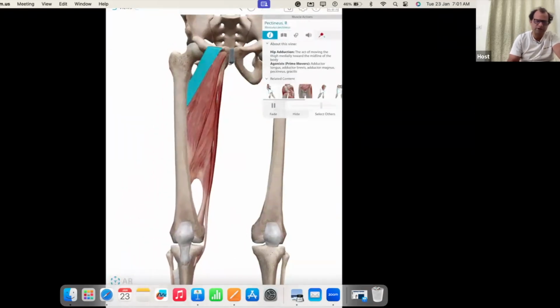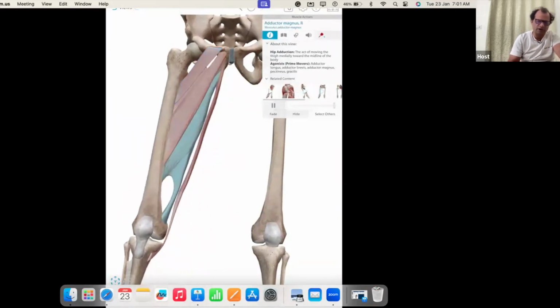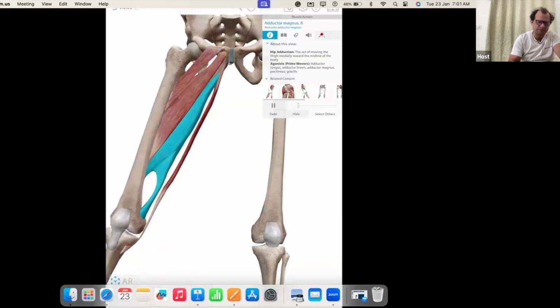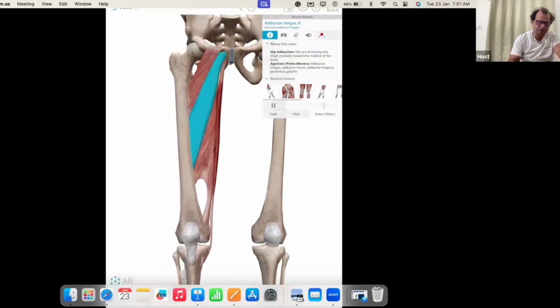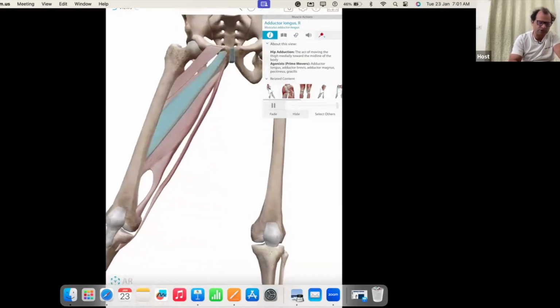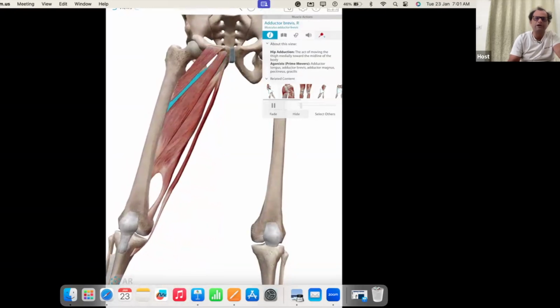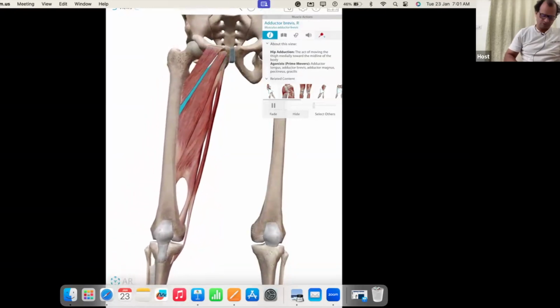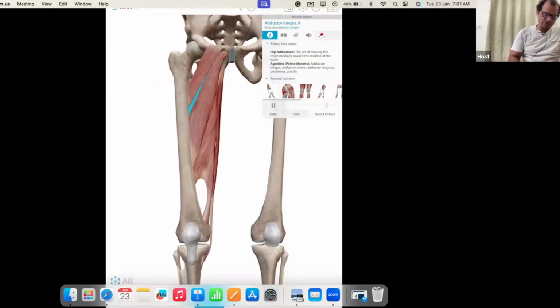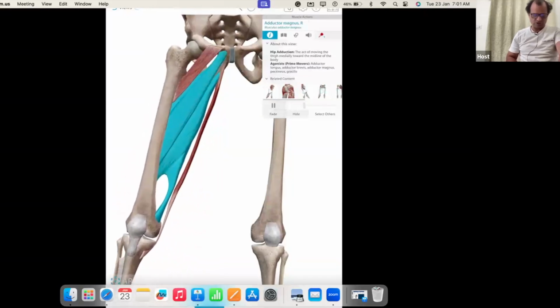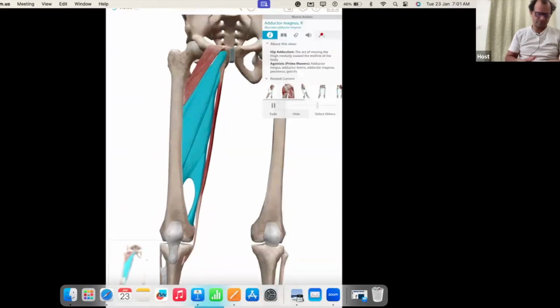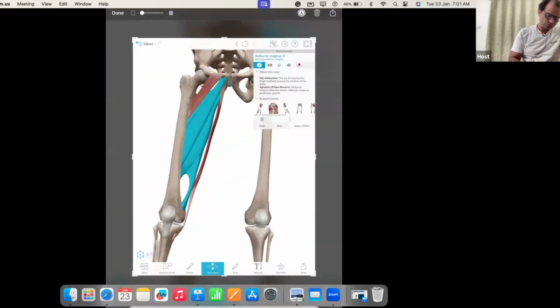We can see here these are adductor magnus, adductor longus, adductor brevis. We are telling in short: adductor brevis, adductor longus, adductor magnus. So this is the adductor group of muscles.